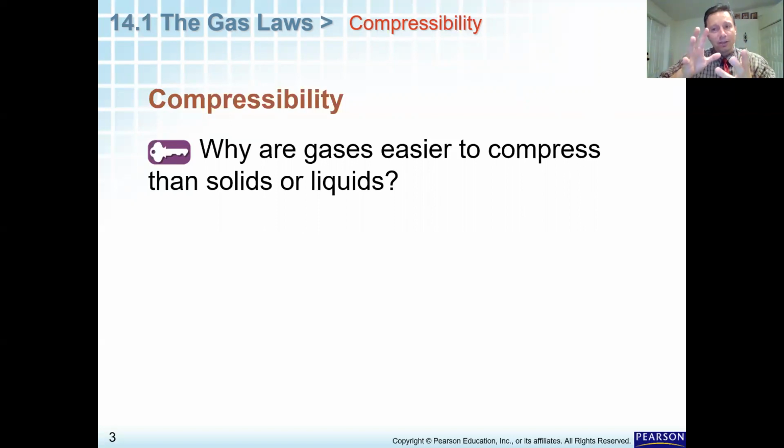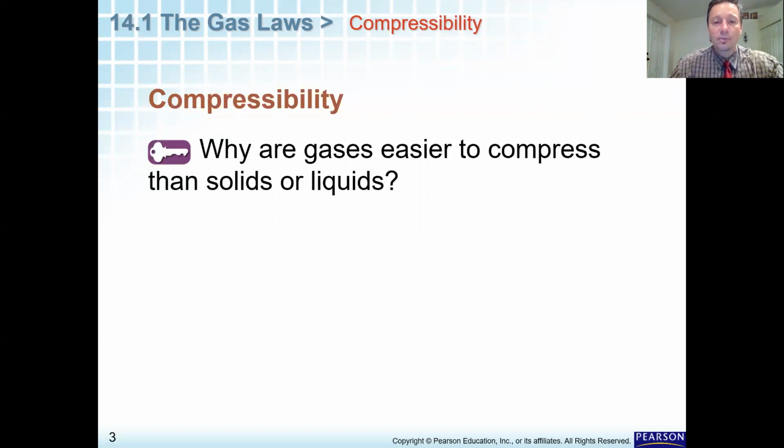Liquids, we talked about them flowing past each other. There is attraction, so they're fairly close, but they're not rigid. They can flow. And then there's gas. In a gas, there's no particle attraction. They move past each other, rapid, random, and constant, if you remember those terms that we talked about earlier this week.